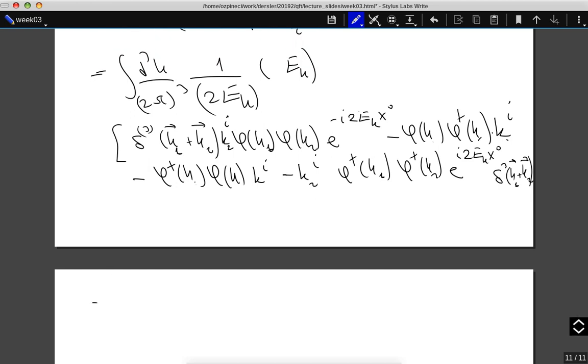Which is equal to, okay, let me write everything explicitly now, 2 pi cubed. Well, this will cancel this one. There's a factor 1 over 2.